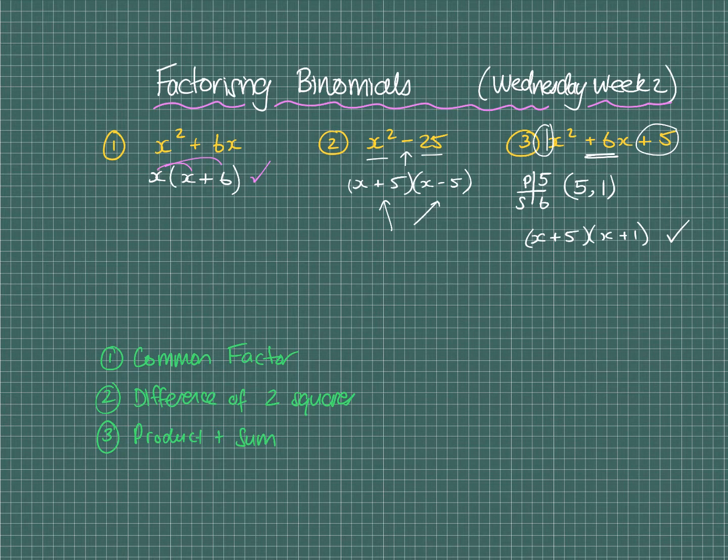But of course, at this stage, I want to say, what if it wasn't a monic? Now, all these questions, you will have a monic, but I want to address what happens if it wasn't. So the whole idea of getting these two numbers, the 5 and the 1, is because we're actually splitting that middle number up into 5x plus 1x, or whatever those two numbers might be. Now, you might say, well, why?